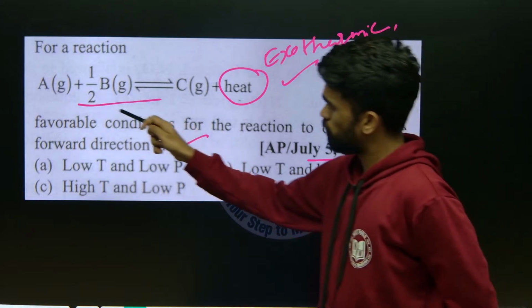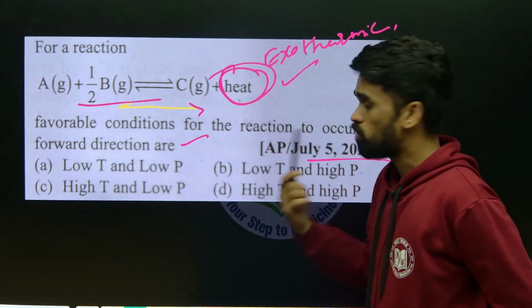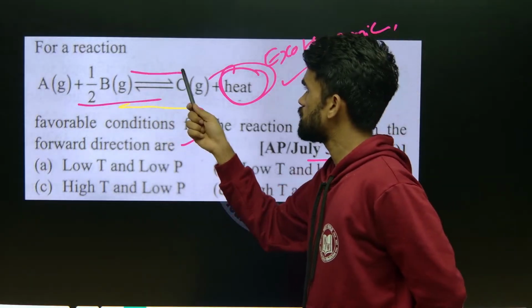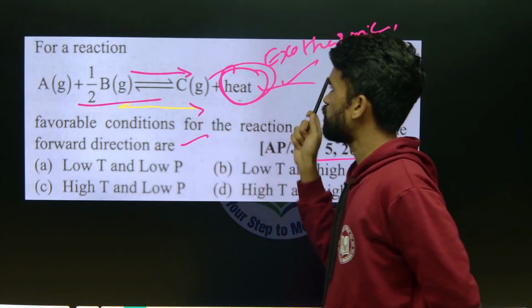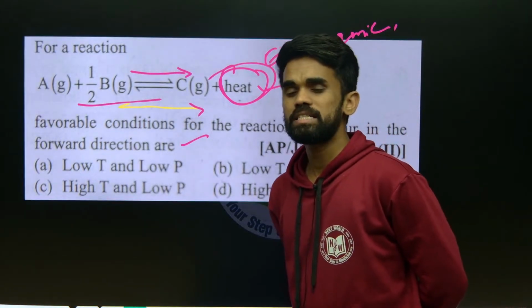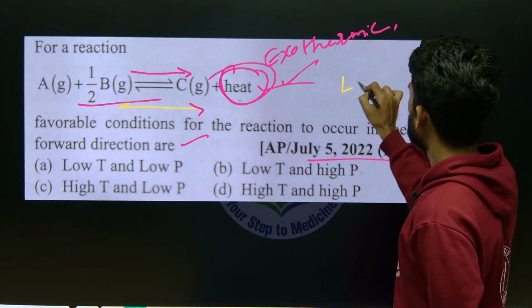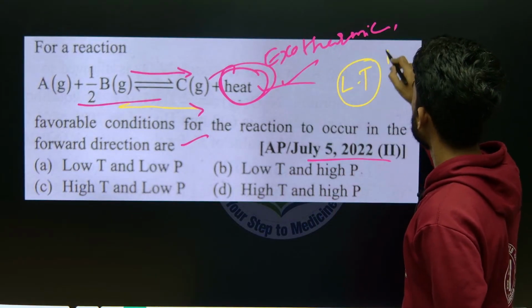So if the forward reaction is favored by releasing heat, then the forward reaction is favored by lowering the temperature. So low temperature favors the forward direction.